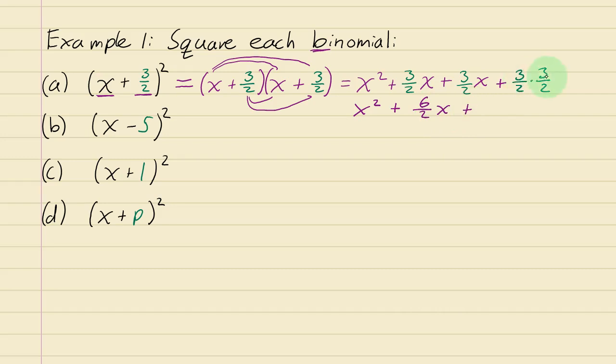And then the 3 over 2 times 3 over 2, we're going to multiply the tops to get the new top. That will be 9. And then multiply the 2 times the 2 to get 4. And then we can simplify a little bit more by writing the 6 over 2 as 3. And you can write the whole thing as x squared plus 3x plus 9 fourths.